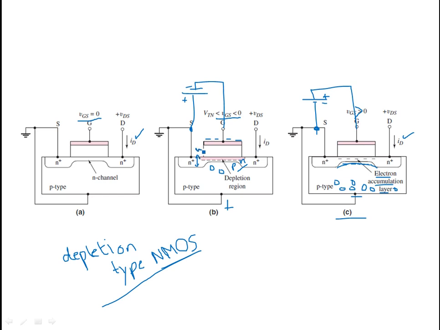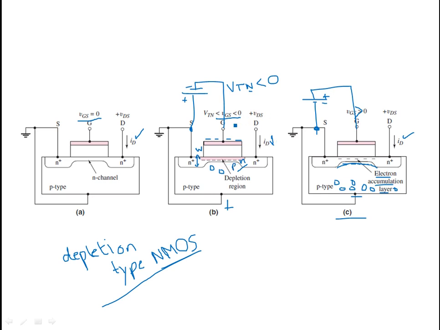As you see, the threshold voltage has to be negative, because applying a negative voltage, VTN, which is the threshold voltage for depletion type NMOS, less than 0, causes the ID current to reduce. This reduces with increasing negative voltage applied at the gate terminal, and then it chokes the channel.